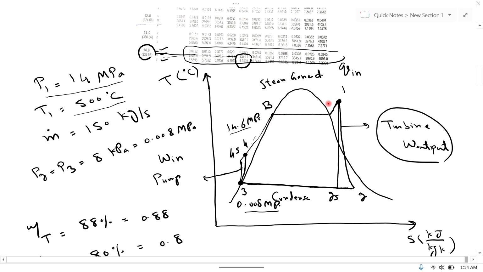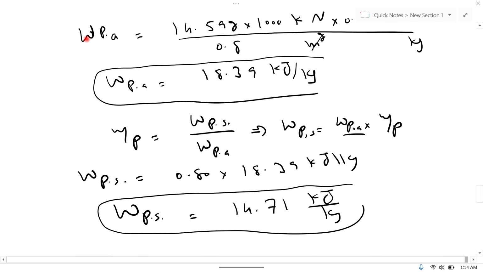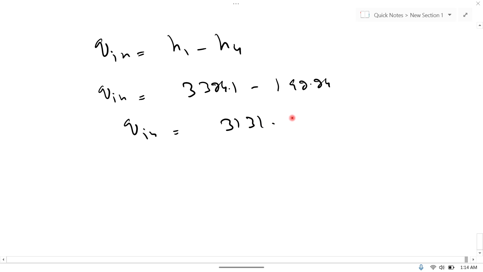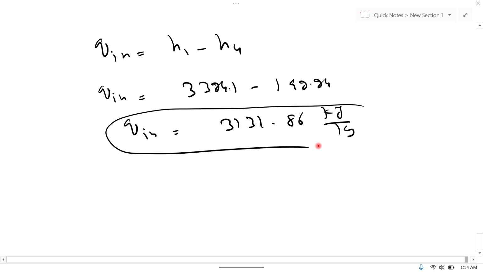So H1 minus H4 is the heat supplied in the steam generator. So Qin is equal to H1, which is 3324.1, minus H4, which is 192.24 kilojoule per kg. So Qin is equal to 3131.86 kilojoule per kg.